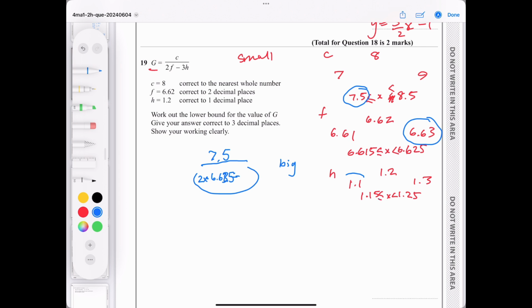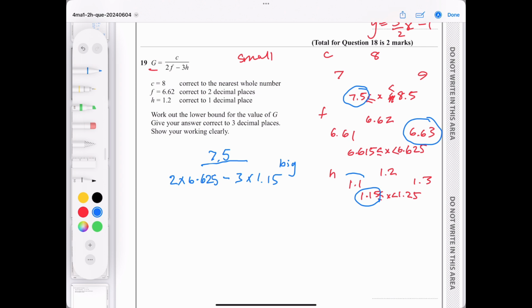So 3 times 1.15. Let's just do this. It would equal 7.5 divided by 2 times 6.625 minus 3 times 1.15, and then pop that into the calculator.